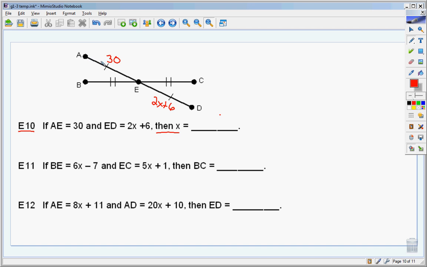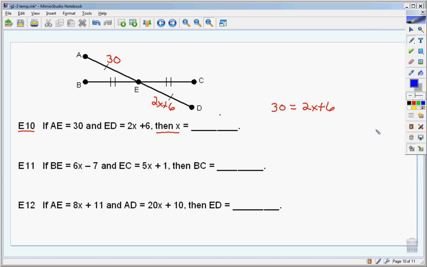What can you tell me about AE and ED? They're congruent, or they have equal measurements. If I know two things are equal, then all I have to do is set them equal. I know 30 should be the same as 2x plus 6, so I set them equal to each other.